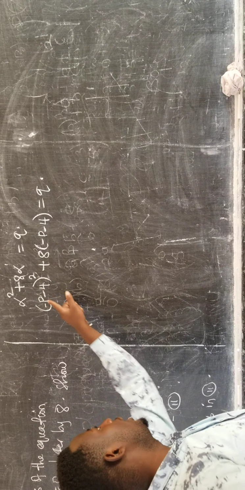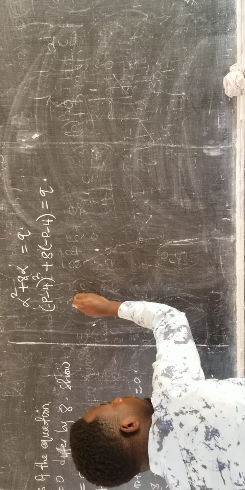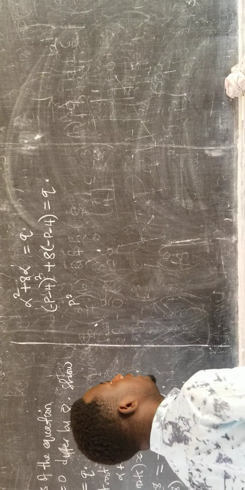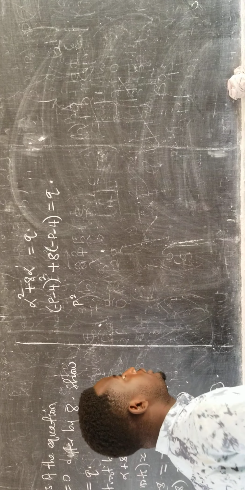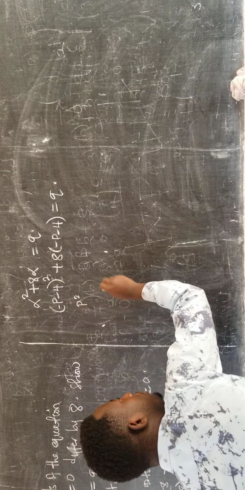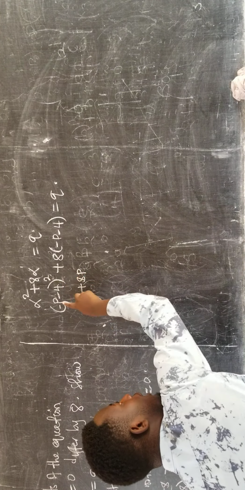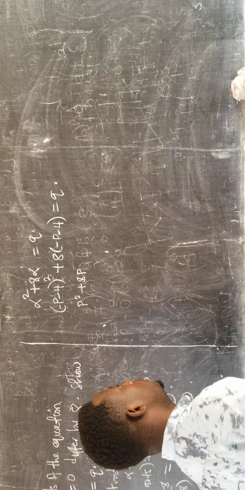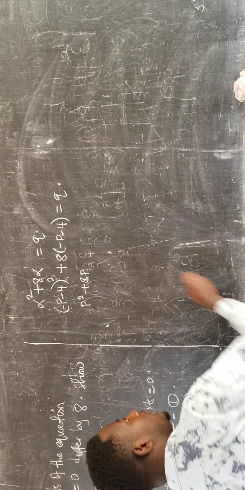In this case, I am trying to expand the brackets. This is going to be minus p squared, which is p squared. Then plus twice the product, and the product is going to be a positive 8p. If I have 2 times minus p, that is minus 2, times minus 4, that is the positive 8p.